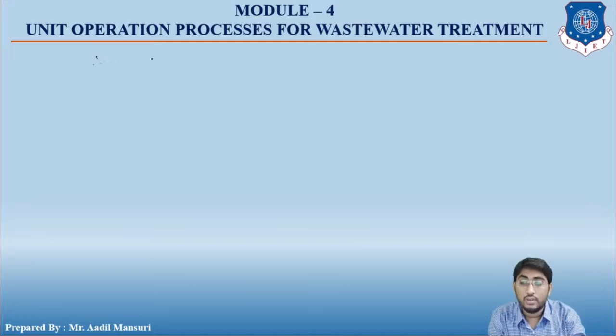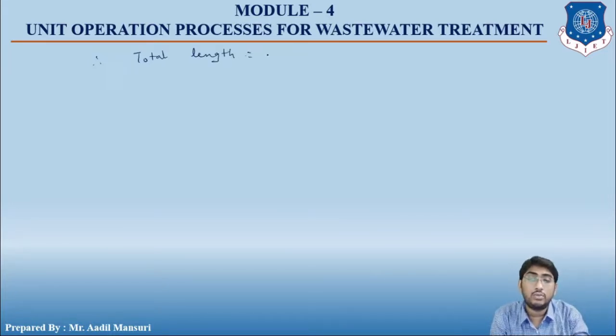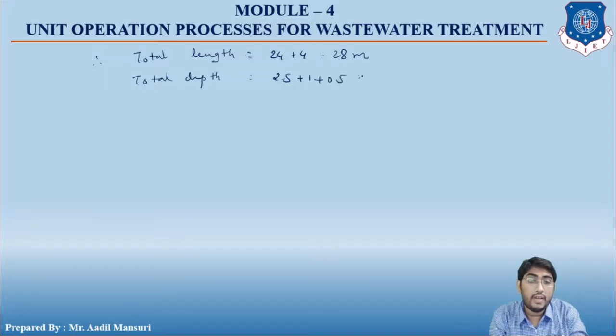So therefore what will be the total depth? Total length first. So first total length equals 24 plus 4, that is equal to 28 meters, and total depth equals 2.5 plus 1 plus 0.5, that is equal to 4 meter. Okay, so what will be the final dimensions?